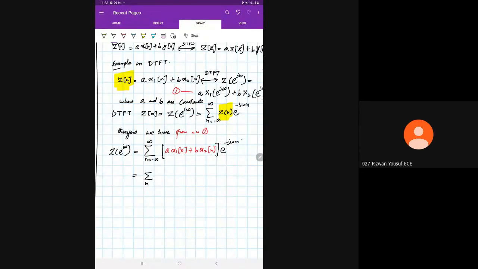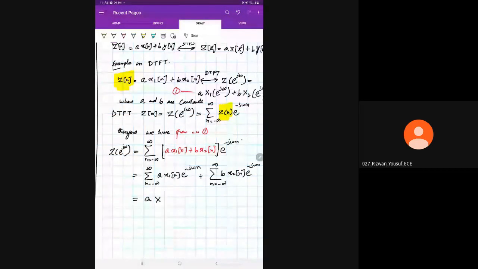It will be equal to the summation from n equal to minus infinity to plus infinity of a x1 of n e raised to the power minus j omega n, plus the summation from n equal to minus infinity to plus infinity of b x2 of n e raised to the power minus j omega n.